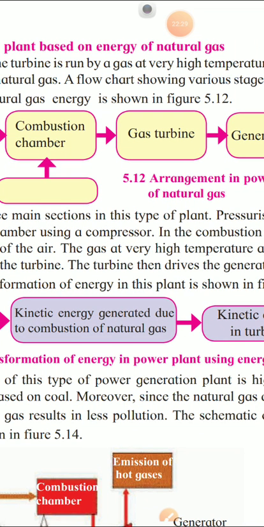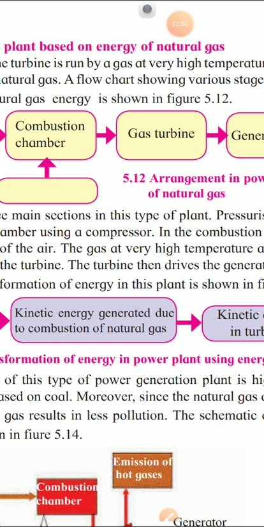This topic you can see clearly, I think. So let me start. In this plant, the turbine is run by the gas at very high temperature and pressure generated by the combustion of the natural gas.